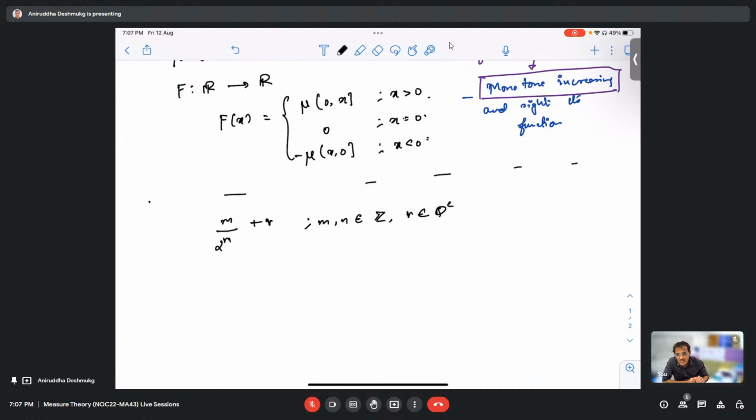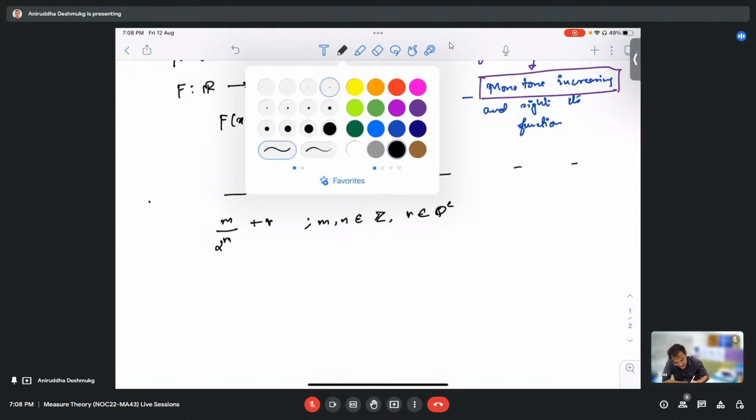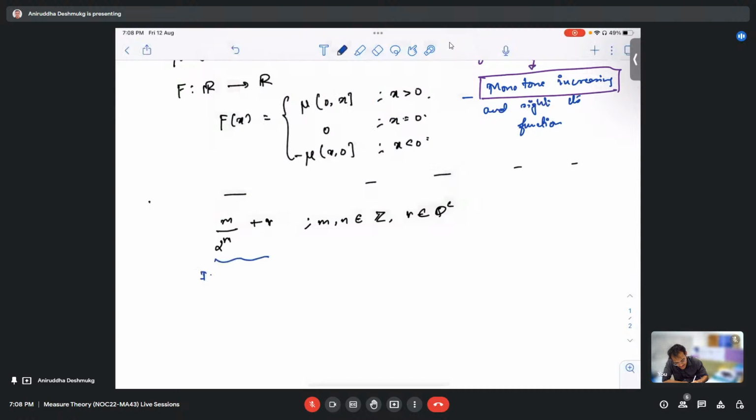So we can add m divided by 2^n plus R. Is this number irrational or dyadic? A rational plus an irrational has to be an irrational number. If this is dyadic, then it is rational.